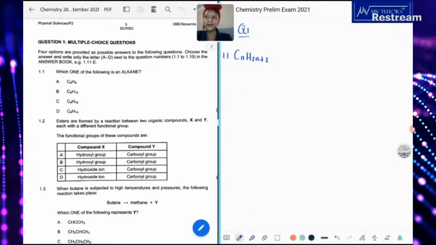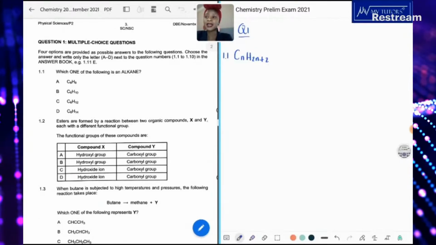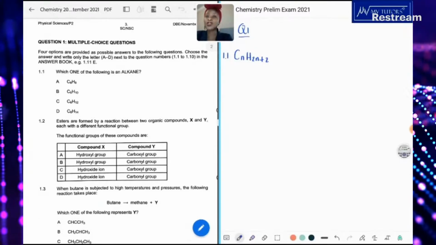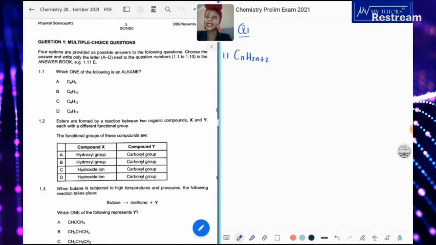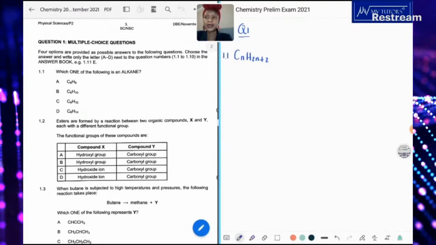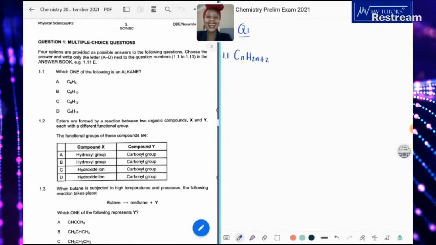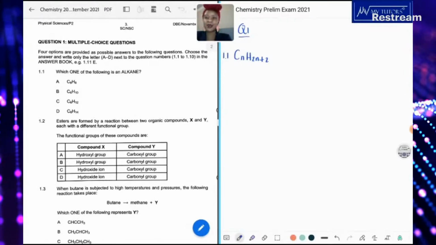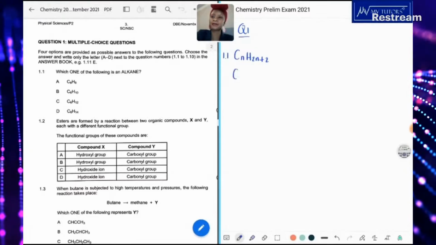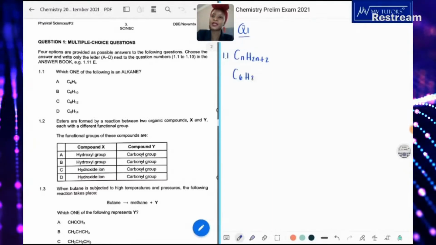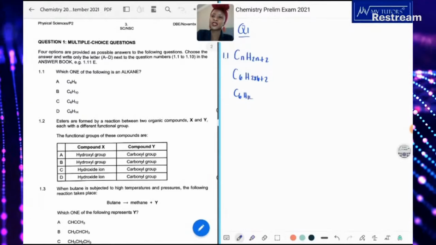If we look at A, we have 6 carbons and 8 hydrogens. That's not going to work. We need hydrogen atoms that are more than twice the number of carbons. If you look at B, we have 6 carbon atoms and 10 hydrogen atoms, so that's not going to work. If all our carbons are 6, we substitute 6 to save time: 2 times 6 plus 2, which is 12 plus 2, which is 14.